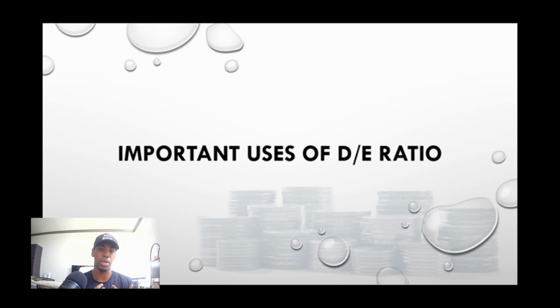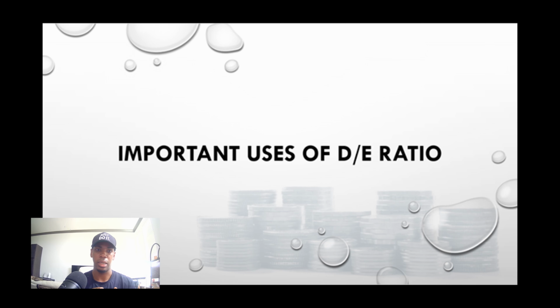A high D/E ratio suggests that a business may have been aggressive in financing their expansion, right? Now, even though the ratio is high, a business may still be a good investment because it may be using this debt to generate more income than it otherwise would, right? So for shareholders, it's advantageous if the additional revenue brought in by the high debt exceeds the interest payments on the debt.